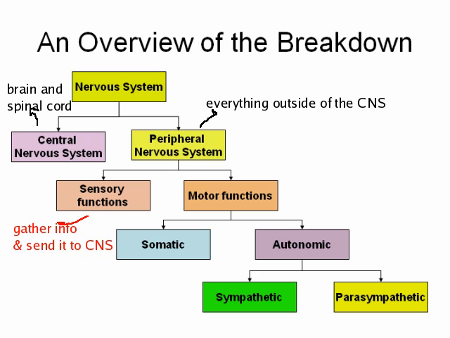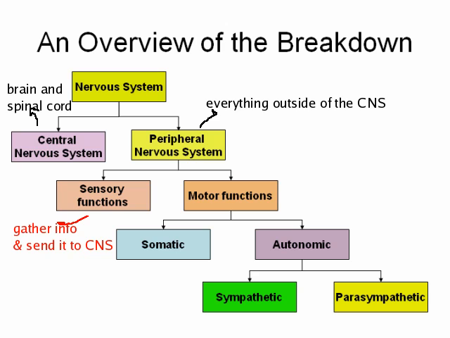And so the sensory component of the peripheral nervous system is going to gather information from the external world, or the external tissue, and send that information to the central nervous system.